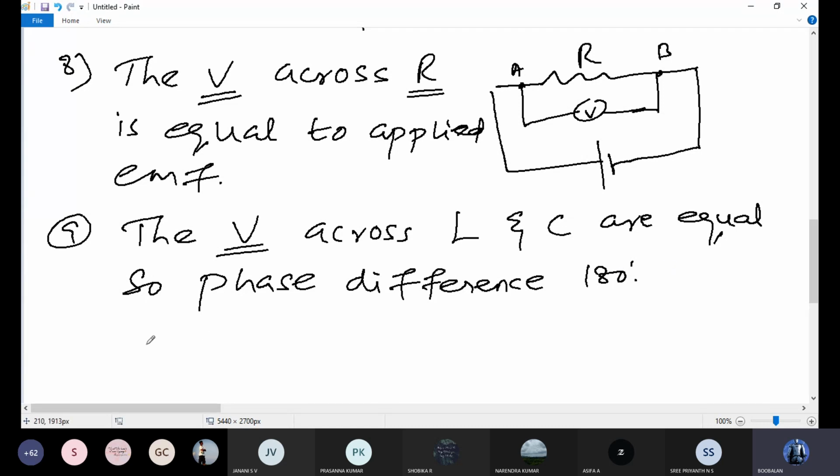The resultant value is 0. Please take notes.